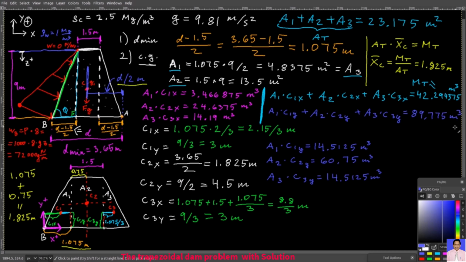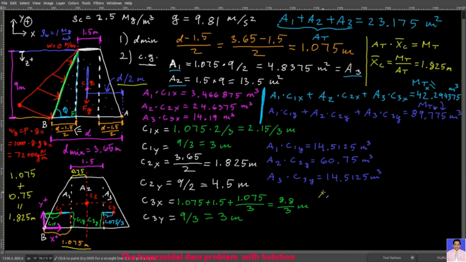Now we will take these three products, we will add them together, we will have 89.775 cube meters. We already know our area total. Now this sum of the products, with regards to the x dimension, we called it MT, but now let's rename it to MTX, because we're going to call this product MTY, this one here.